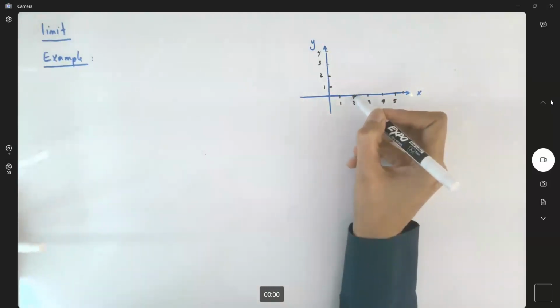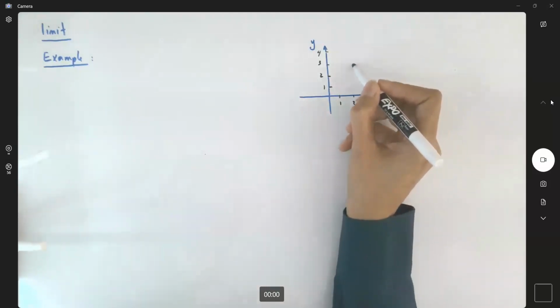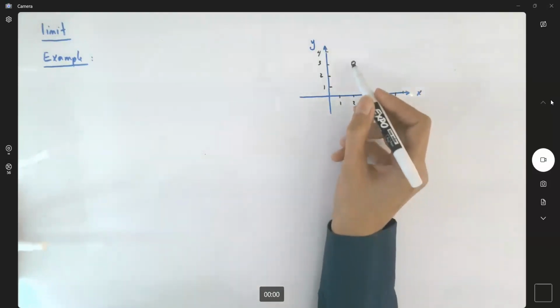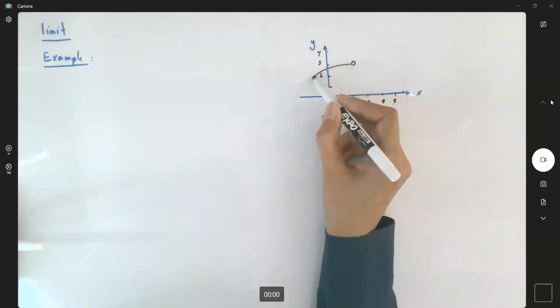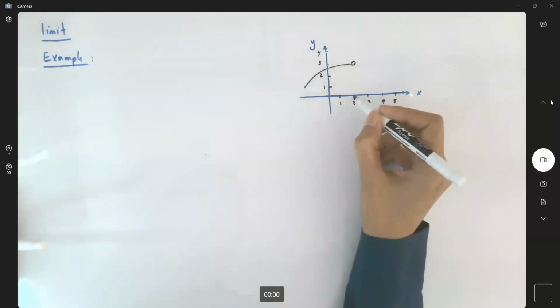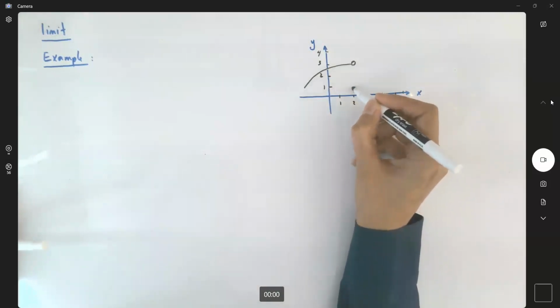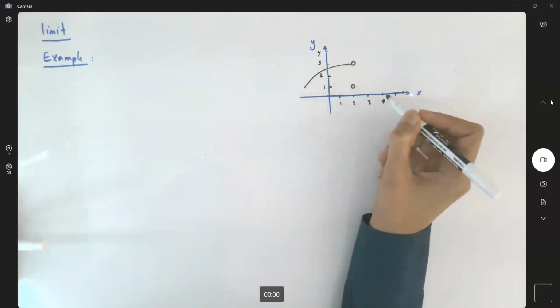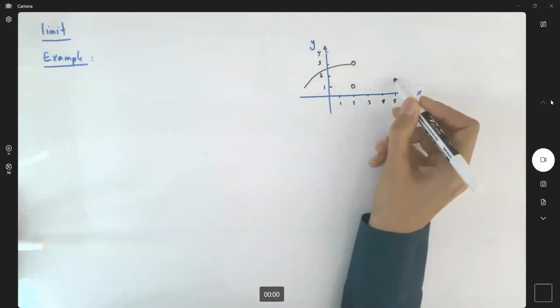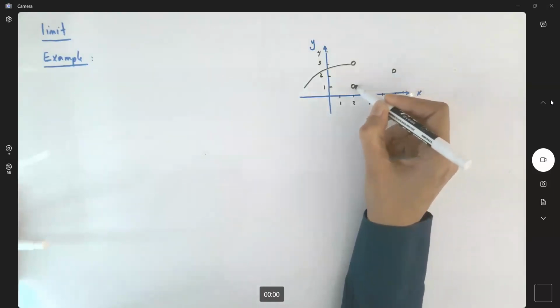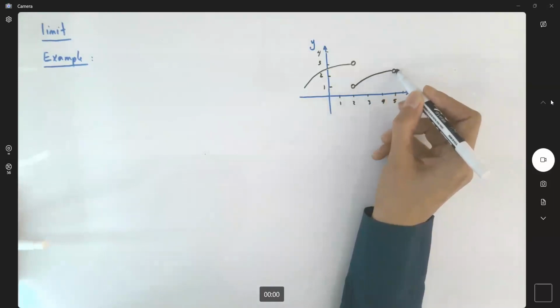At x equals 2, you have a hole on the graph, and the graph on the left-hand side is defined this way. When x is equal to 2, you have a hole on the graph, and when x is equal to 5, you have another hole, and the graph behaves like this.